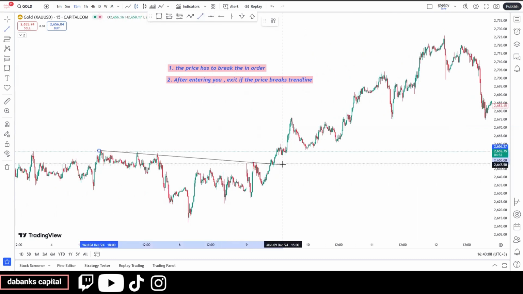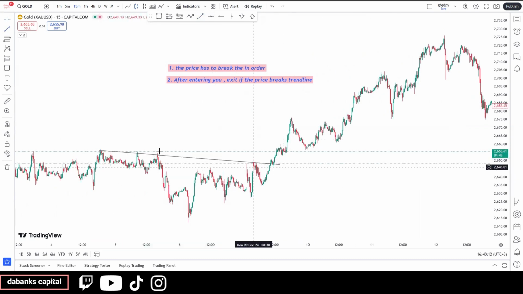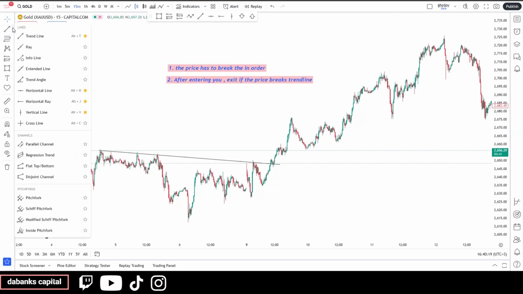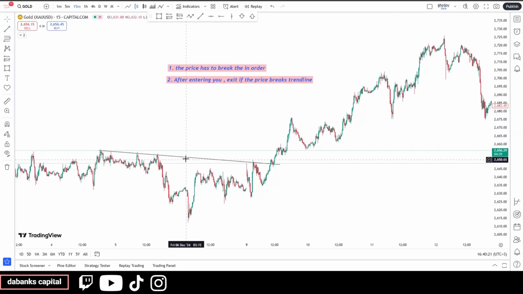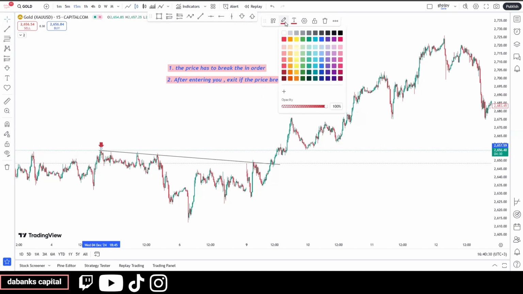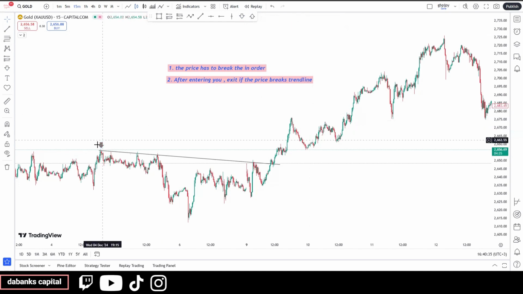So when drawing a trend line, you make sure that your trend line touches at least 2 to 3 points for it to be a valid trend line. For example, this point is our first touch, second touch, and third touch. So these directly show that it is a trend line.